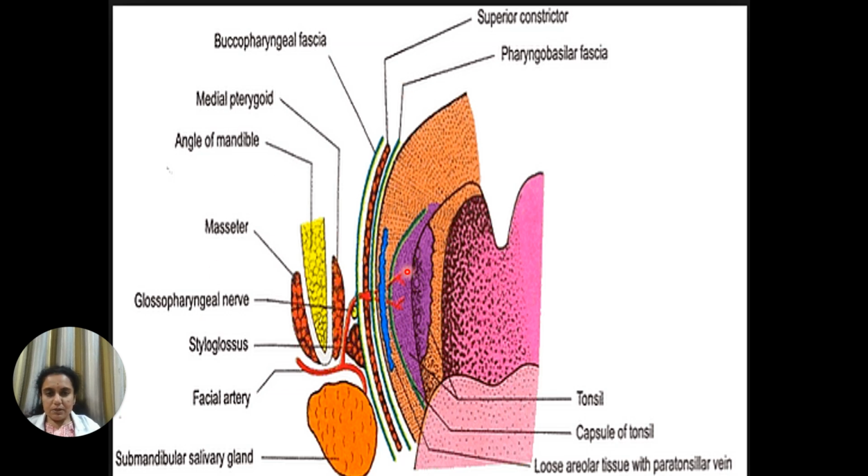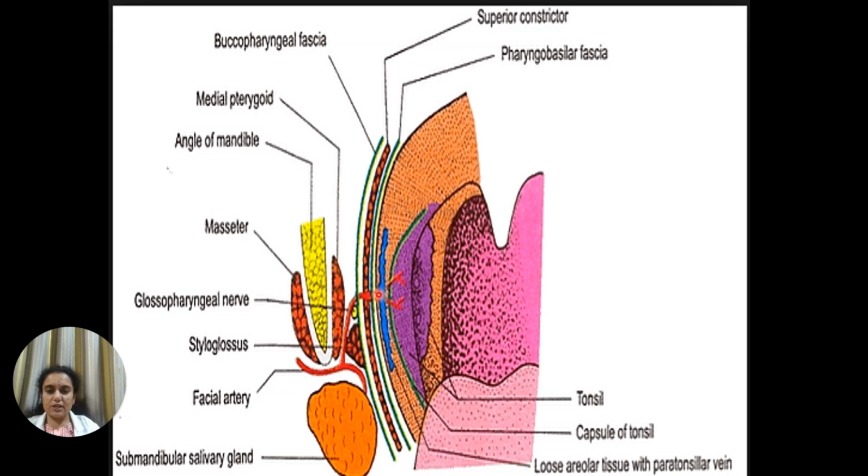Once again, another picture to describe the bed of the tonsil. This is the tonsil, then the capsule, and then the loose areolar tissue, the paratonsillar vein, then the pharyngobasilar fascia, superior constrictor muscle, buccopharyngeal fascia, and palatoglossus muscle. Then we have the submandibular salivary gland here and the ramus of the mandible with the muscles, medial pterygoid and masseter.